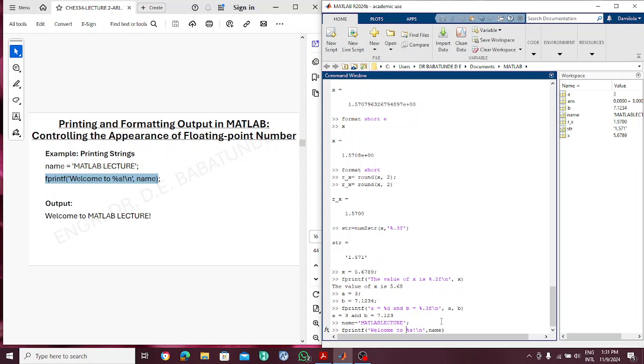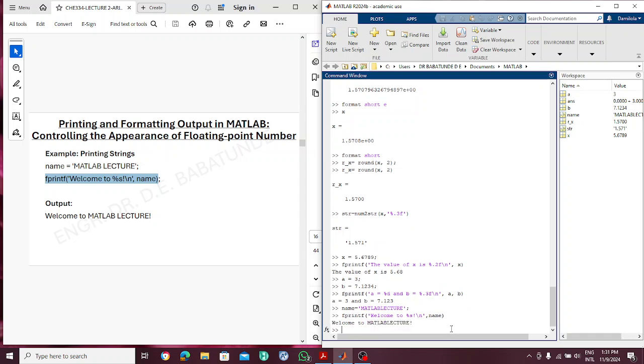So when I press enter after this function fprintf, then I expect to see something like welcome to MATLAB lecture. Then this \n is saying that once you print that, move to the next line. So we have that: Welcome to MATLAB lecture.